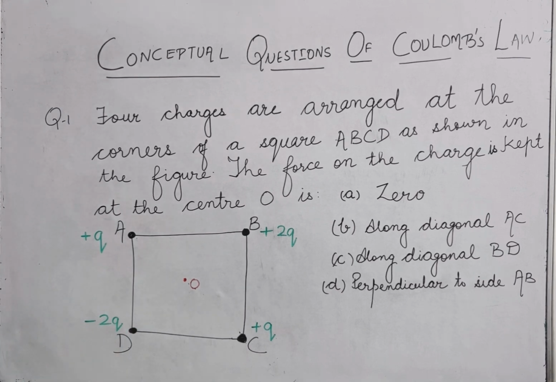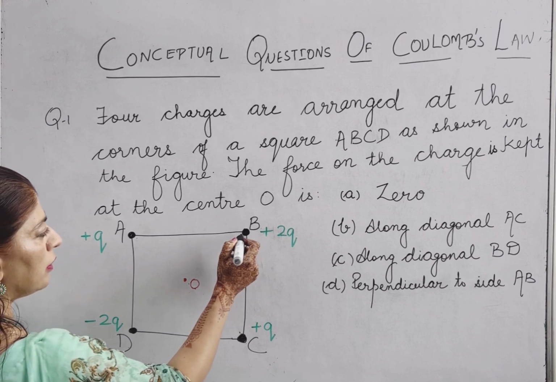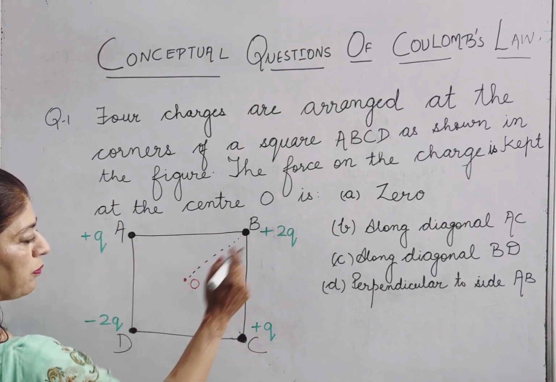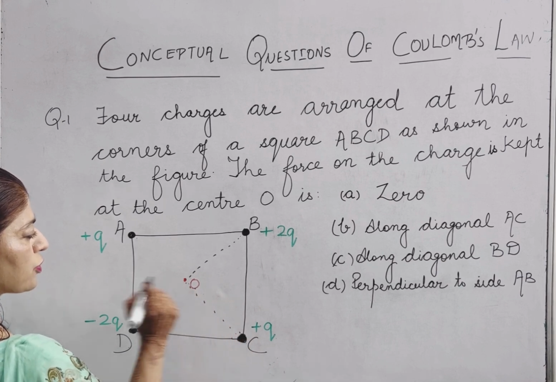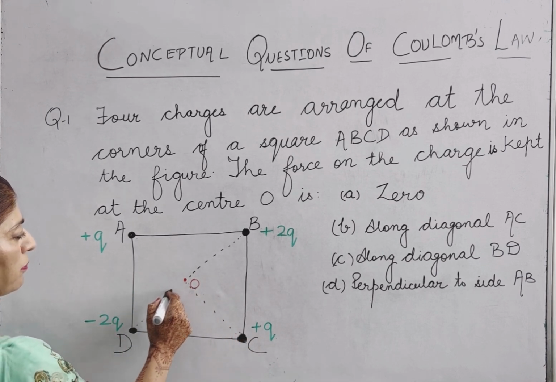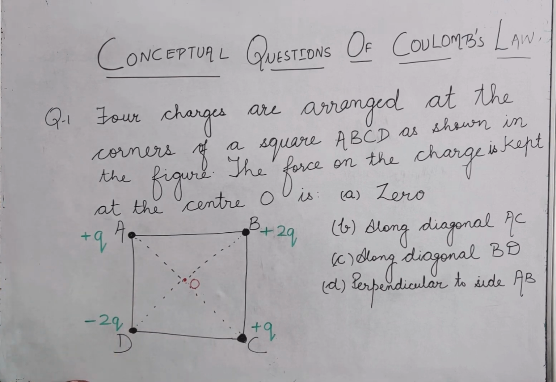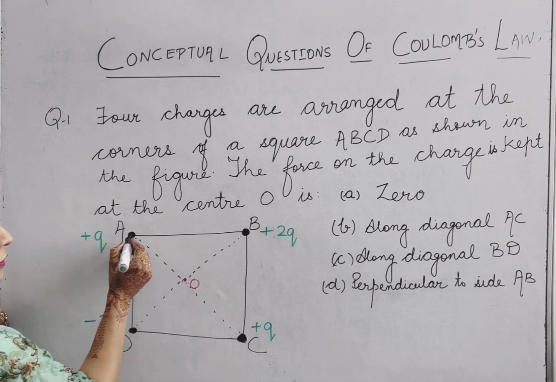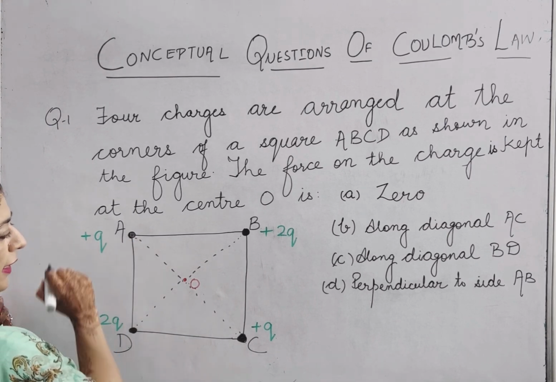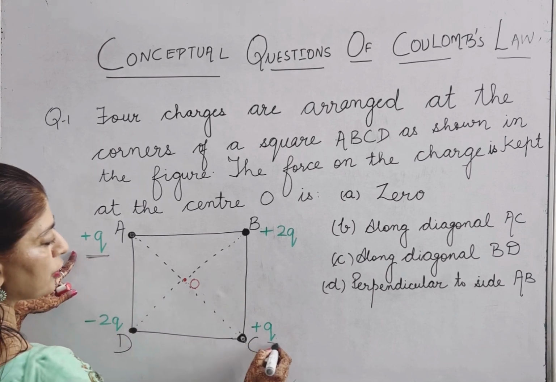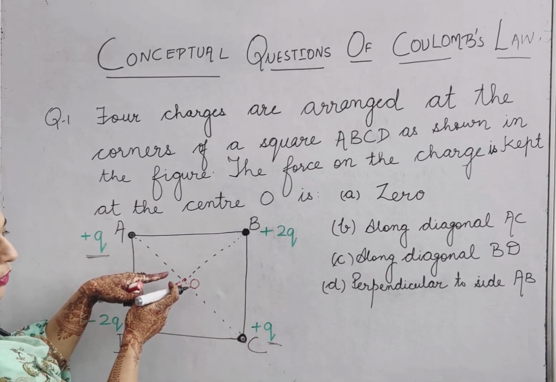Now at O, we will see the forces from the points. The charges are plus Q, plus 2Q, minus 2Q and plus Q. If you look at the figure, you can see the force that is produced by A and produced by C. They are equal in magnitude but opposite in direction.